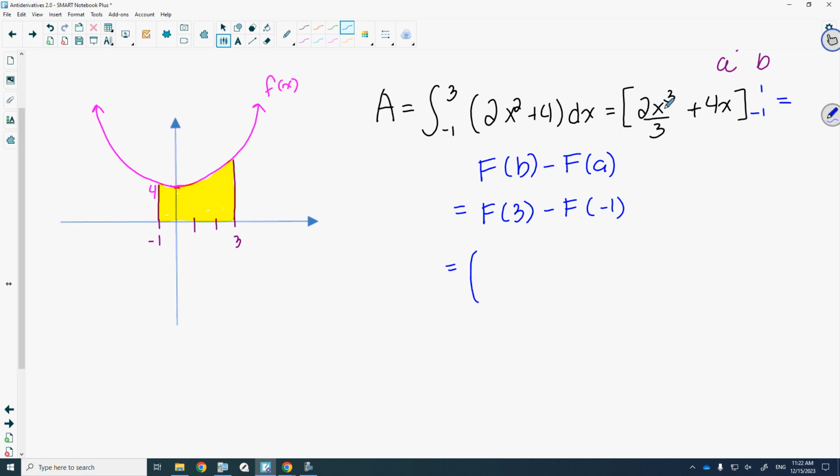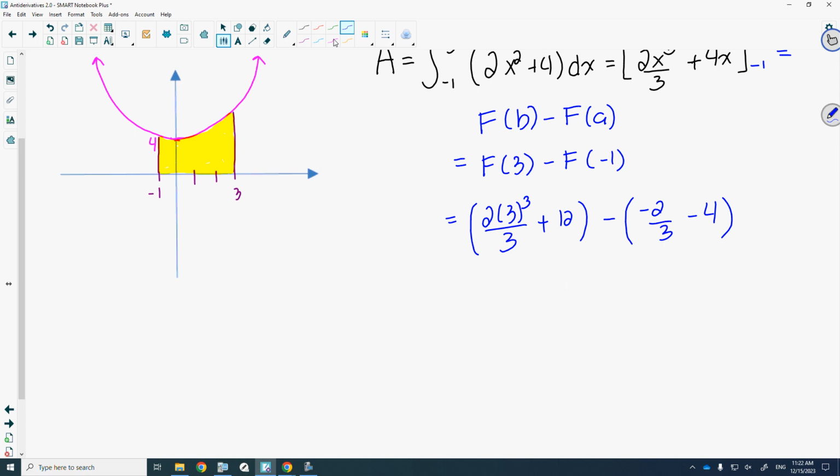I'll actually set it up, 2, 3 cubed over 3, because I'm just going to cancel that, plus 4 times 3 is 12, minus f of -1. So -1 cubed will give me a negative number, so -2/3 minus 4.